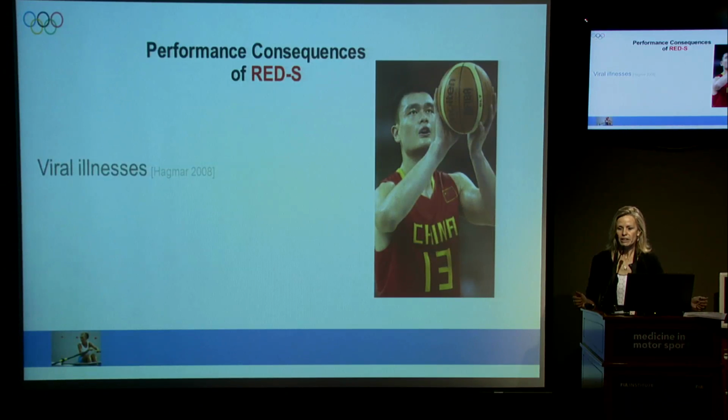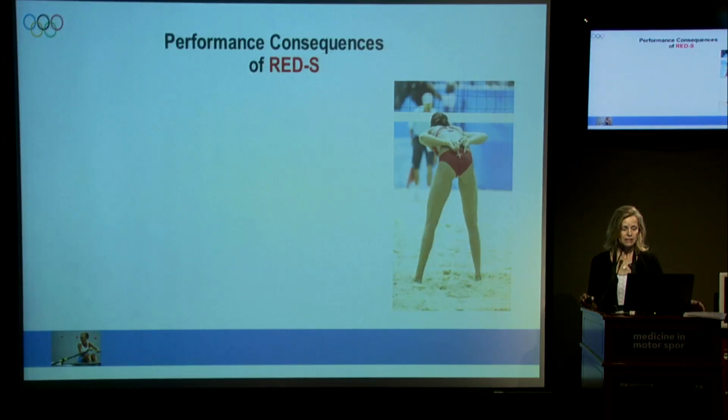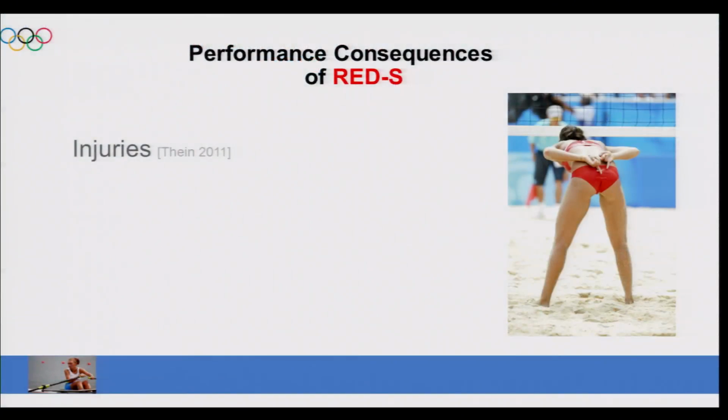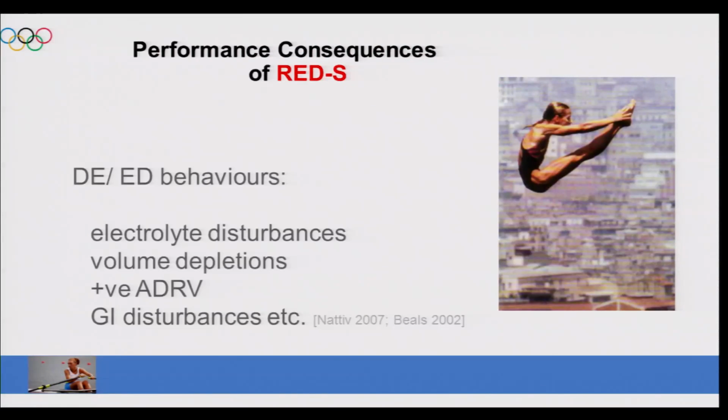These can be prevented. And we do know that nutrition and energy balance affects the ability of the immune system to fight this. We do know that low energy availability has an increased risk of a musculoskeletal injury. And we do know that certain behaviors related to disordered eating and eating disorders, subsequent to those behaviors, electrolyte disturbances, volume depletions, GI disturbances, these all can affect performance.